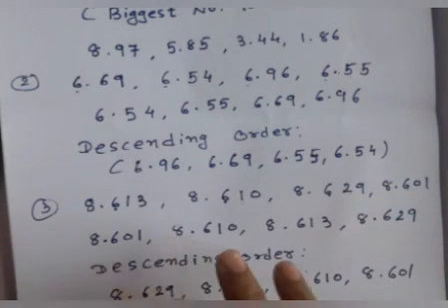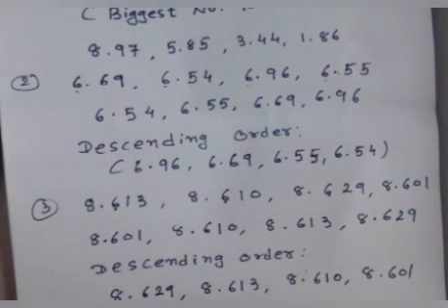If the tens value is the same, then compare the hundreds place value. If the hundreds place value is the same, then check the thousands place value. Like this manner you can write ascending and descending numbers.